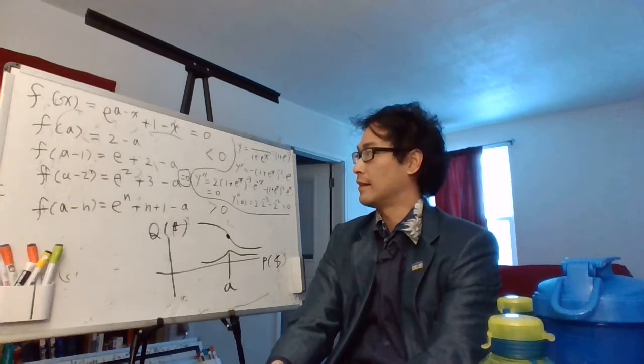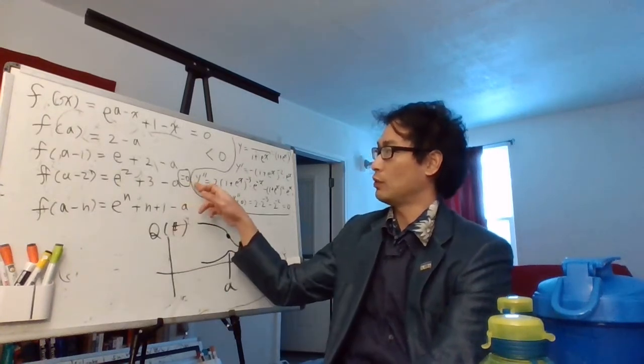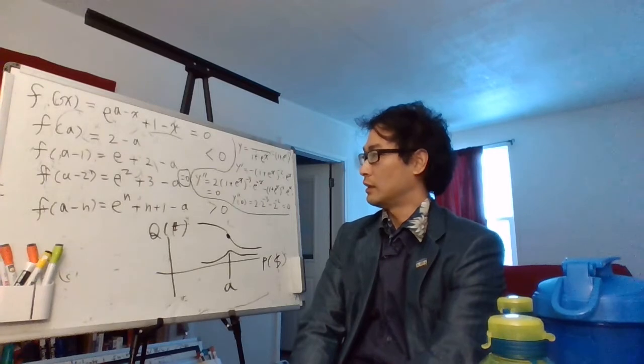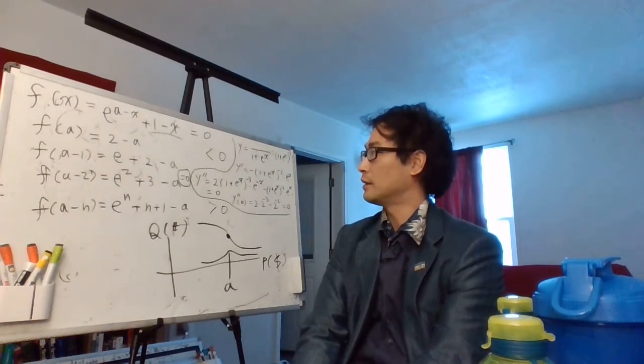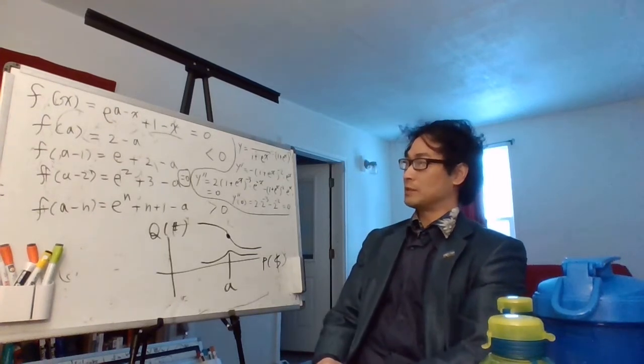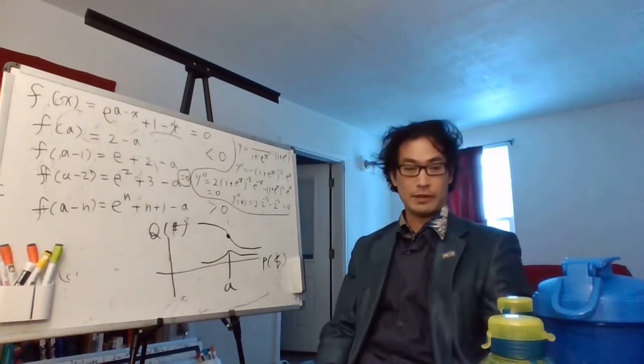In that case, we want this whole thing to be 0, right? That's the local minimum, local maximum.